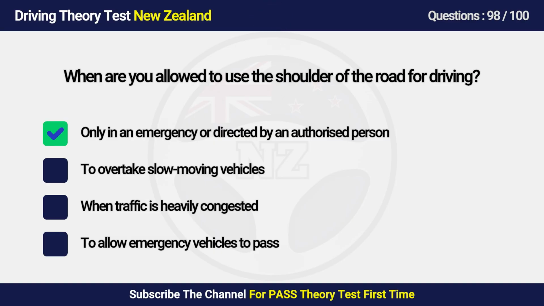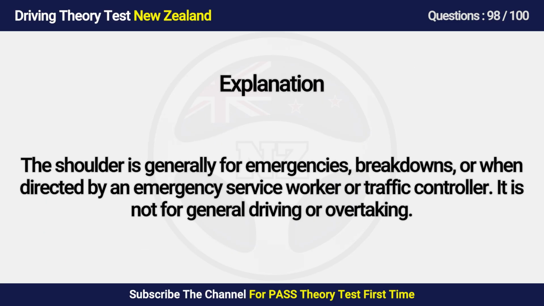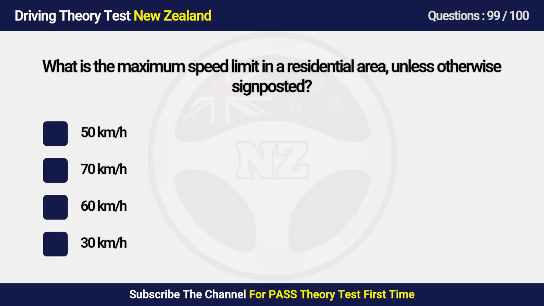Answer is A. Only in an emergency or directed by an authorized person. The shoulder is generally for breakdowns or when directed by an emergency service worker or traffic controller. It is not for general driving or overtaking. Question 99. What is the maximum speed limit in a residential area unless otherwise signposted?